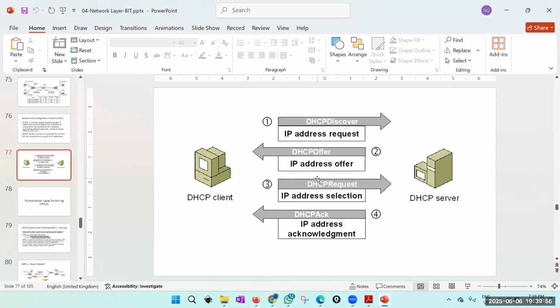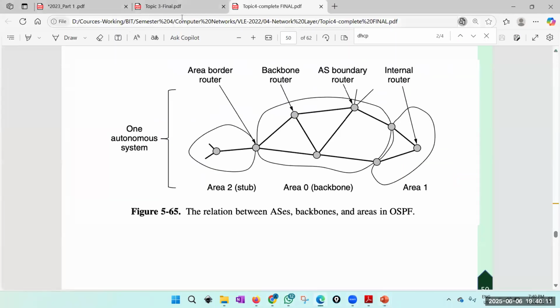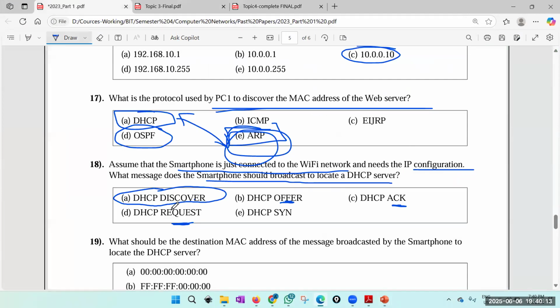No, this diagram is correct. I didn't see this. You can see DHCP discover. Yes, it is correct. Right, so therefore, the answer is discover. Anyway, our note has that.